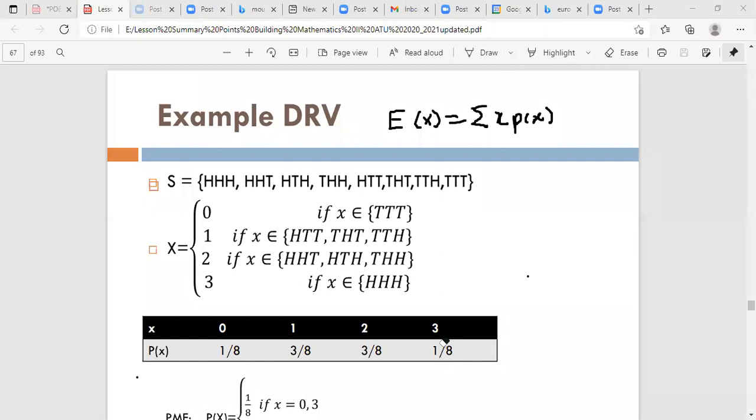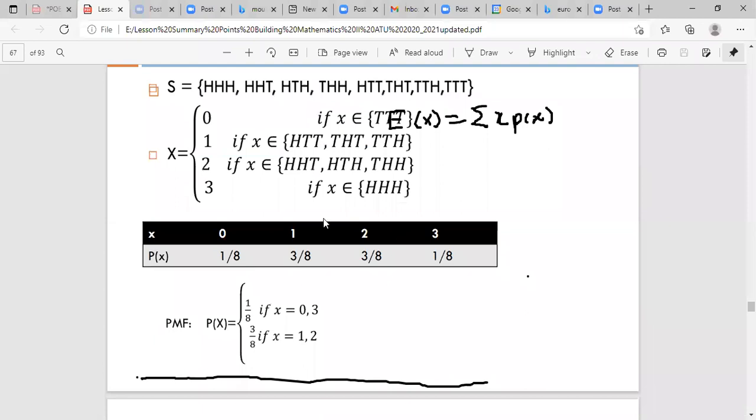So we create another row, which will be x times p of x. So x times p of x, which means we'll multiply this and that.